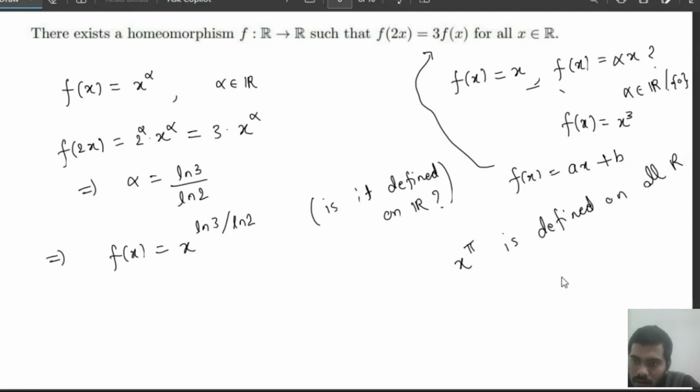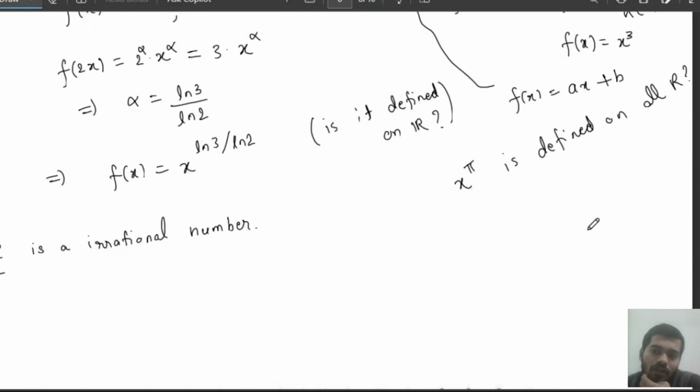And for your information, let me also tell you that log 3 over log 2 is an irrational number. Tell me first, is x raised to pi defined on R? And the answer is no. x raised to pi is only defined on zero to infinity.